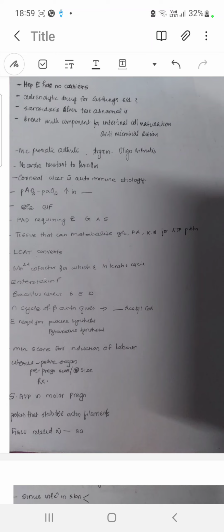Enterotoxin F: you can remember FAT. It is toxic shock syndrome toxin, TSST. Bacillus cereus, remember BED: the incubation period is short, first the emetic type, then diarrhea.